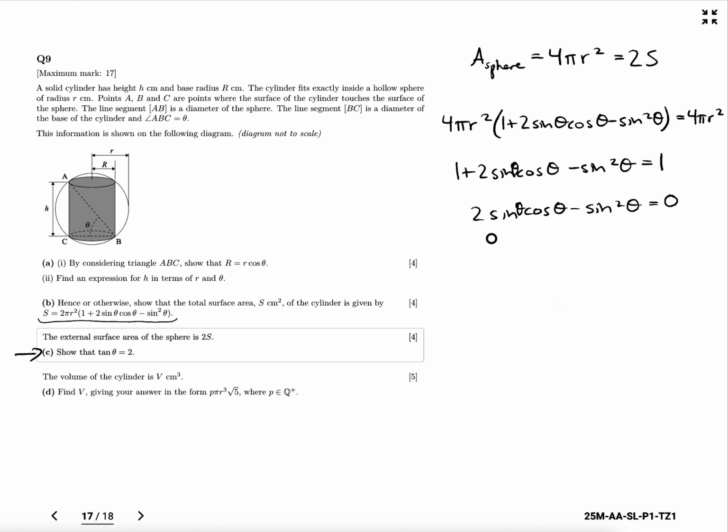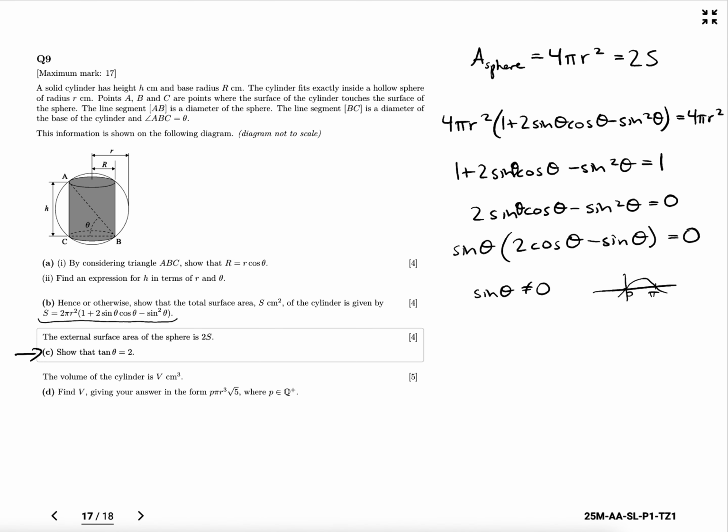So we can factorize this, saying that sine theta times (2 cos theta minus sine theta) is equal to 0, and we know that sine theta is not equal to 0, because that would be if the angle was either 0 degrees or 180 degrees, which is not the case here.